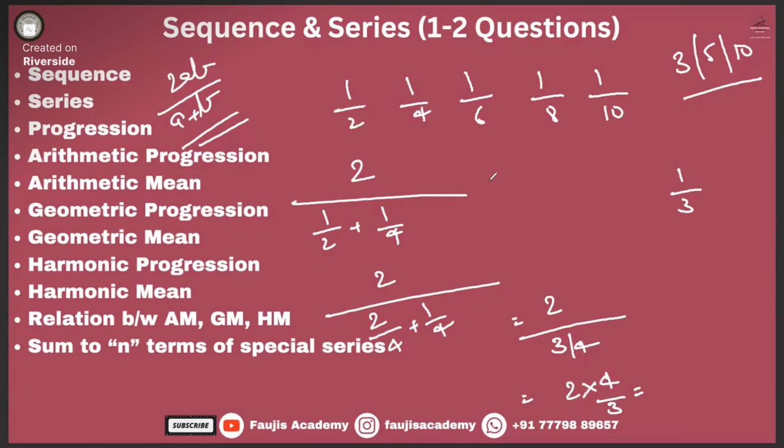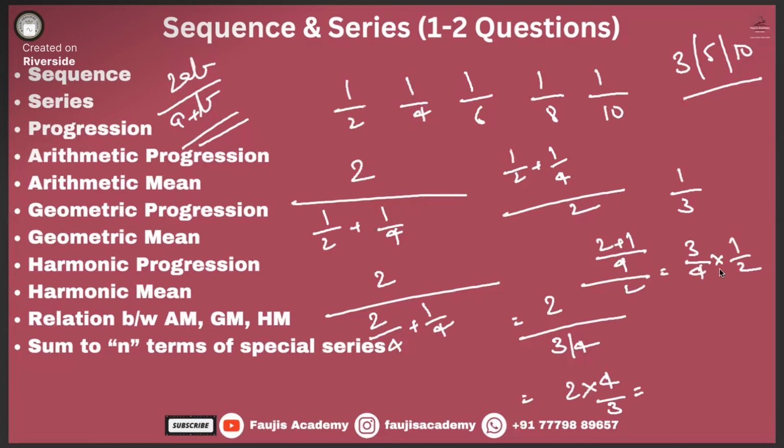How come, guys? Let me check if this one is the one. So in that case, we'll have 4 to 1 divided by 2, 3 by 4 into 1 by 2. How come? Oh yeah, yep. The mistake that we are doing, guys, so sorry for all that.